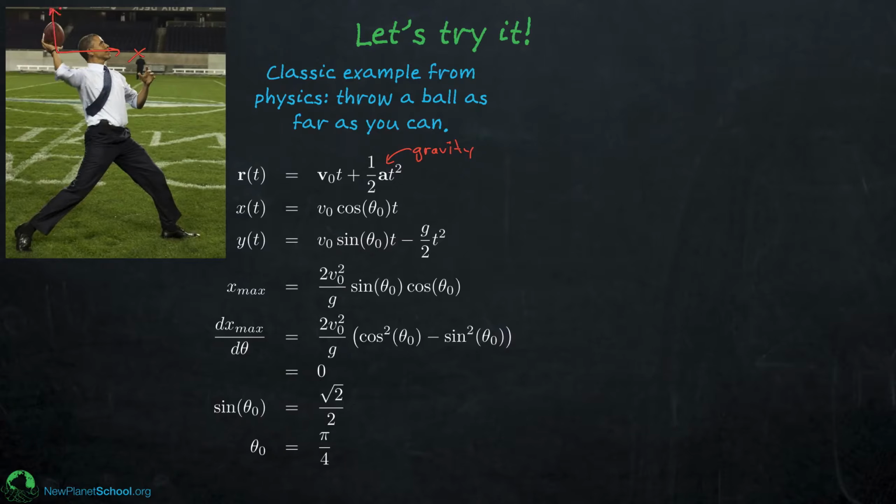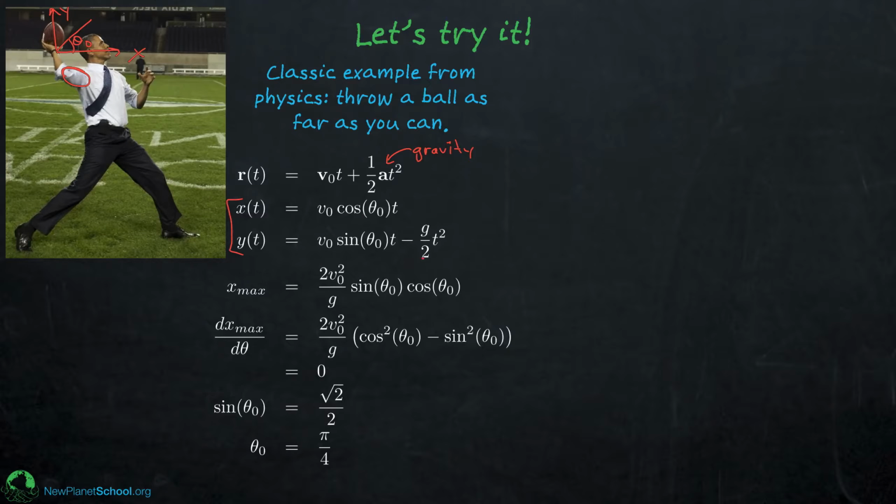And the y direction, which is this. And so I have these two equations for the x and y position. The other thing that I've done here to make it simpler is I've broken this into the speed, the magnitude of the velocity, which he can control with his muscles, and we can tell him what to do there. And then the one thing he does have a lot of control over is the angle at which he throws it, which I call theta naught.